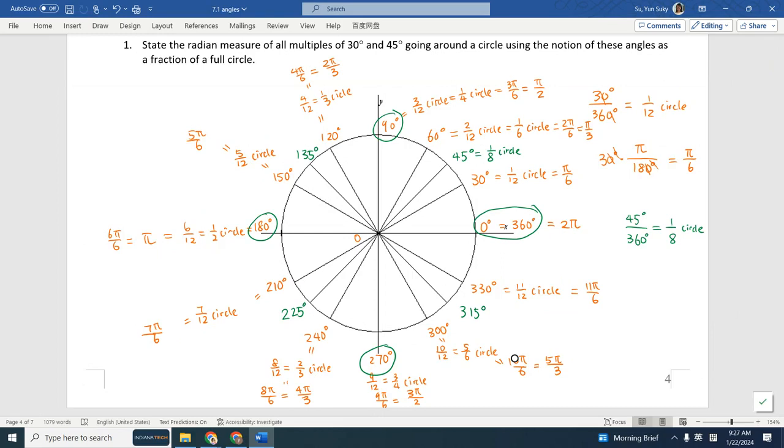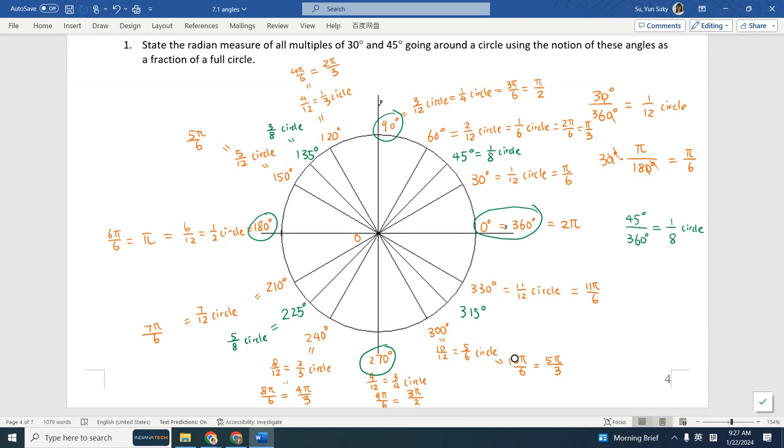Right? Okay, how about here? 3 over 8 of a circle. How about here? 4 over 8, which is 1/2. We also get that. This is 5 over 8 of a circle.